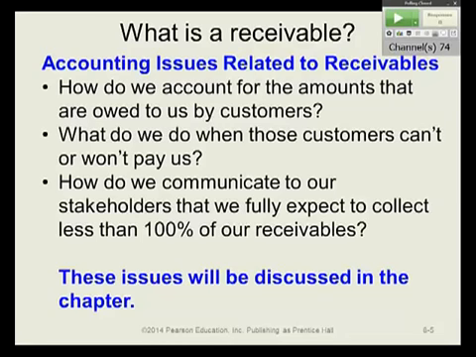And once again, it's always going to be a balance sheet and an income statement perspective right now. We don't get to the cash flow statement again until the very end of the semester. So what we need to worry about is going to be accounts receivable, and the issue here is valuation.